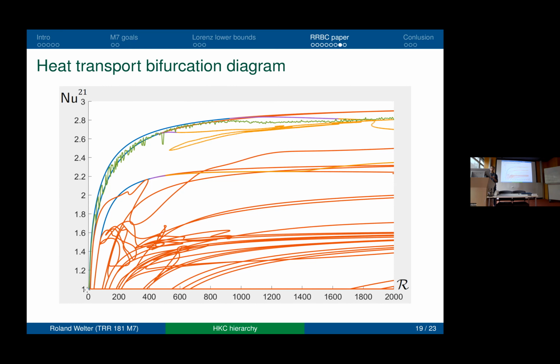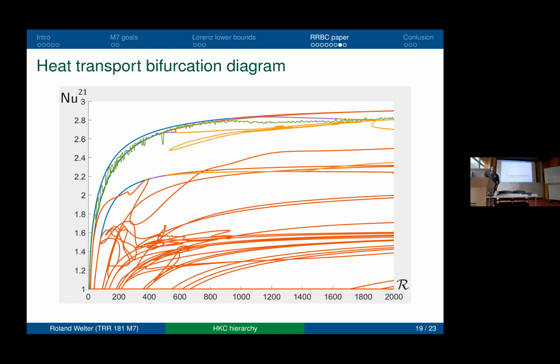Fixed point solutions are pretty easy to track as you increase the Rayleigh number, because they're just fixed points.